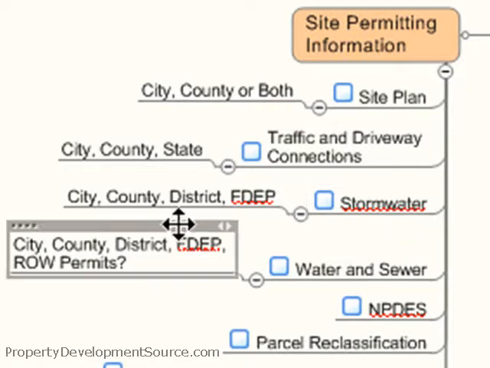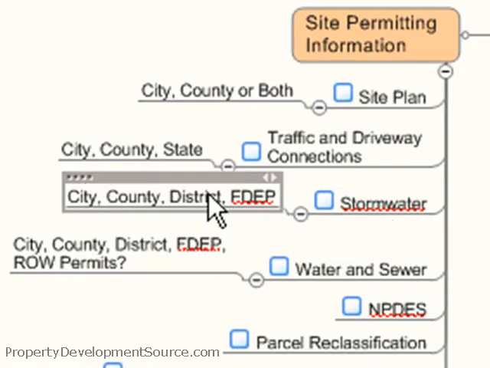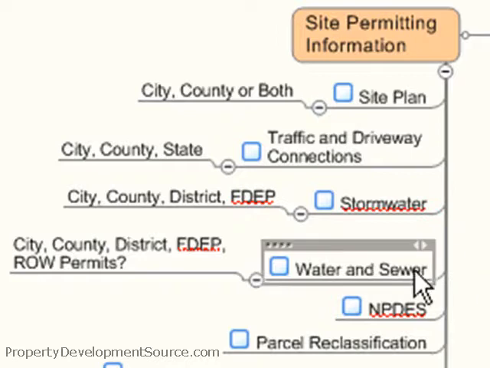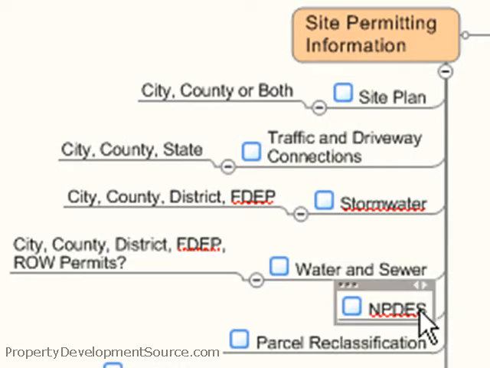Like I said, stormwater permits, and you could have city as well as district stormwater permits, and even state regulated. Stormwater is such a big issue that you could be doing it more than once, permitting wise. Water and sewer, NPDES, that's actually a during construction permit to make sure you don't have hazardous materials or just dirt and erosion occurring on your site and those materials leaving the site in stormwater.